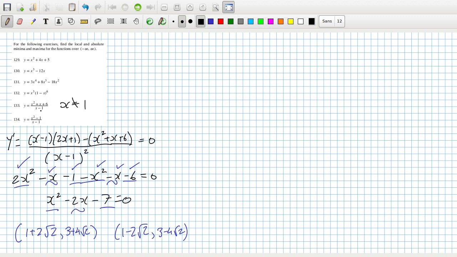Okay, now as x goes to infinity, this will go to infinity. And when x goes to minus infinity, this will still go to infinity. So there's no global max. This is a quadratic. I think we could have a global min.